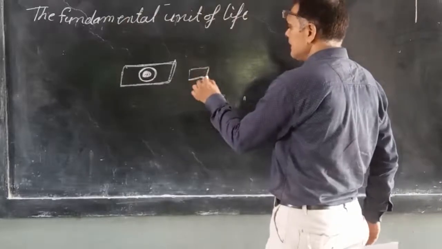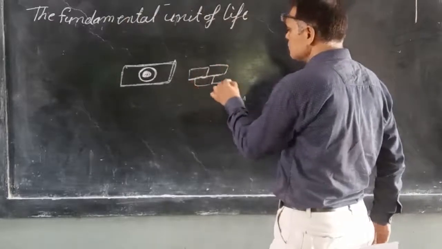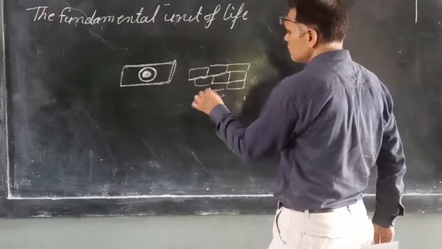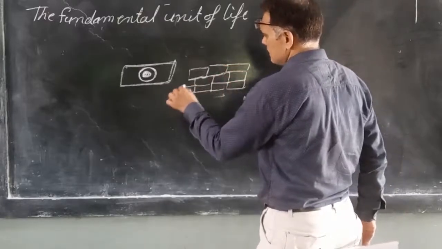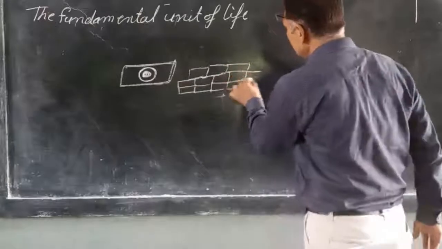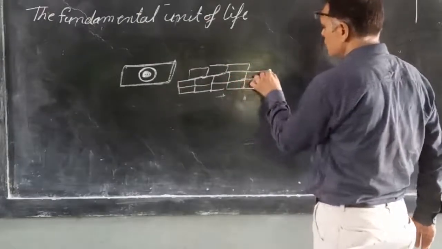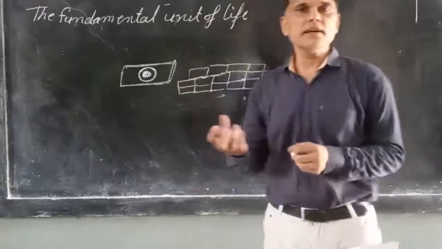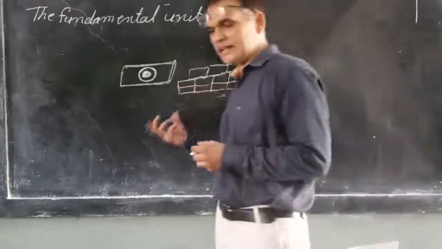It is seen like this: small compartments, and each compartment is circular in shape. The onion peel is seen as small compartments, and these are the cells.